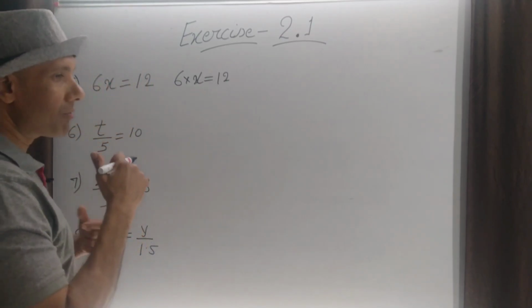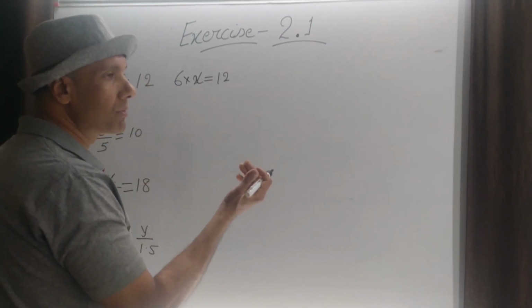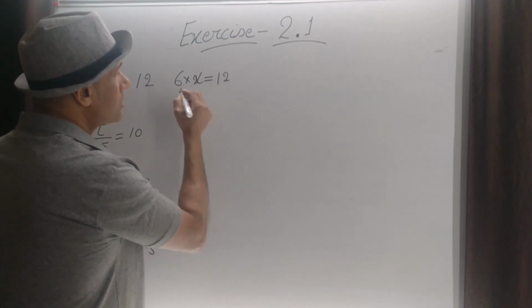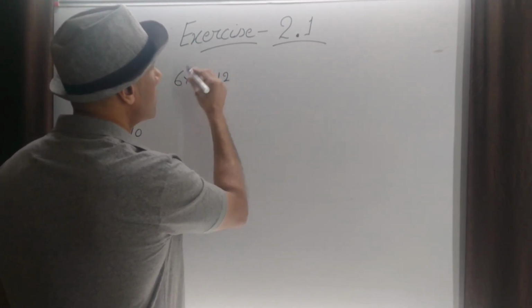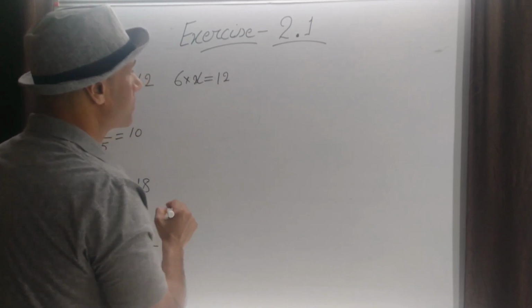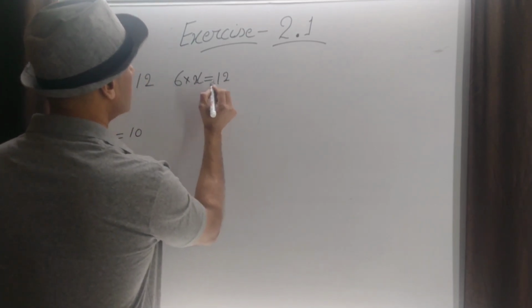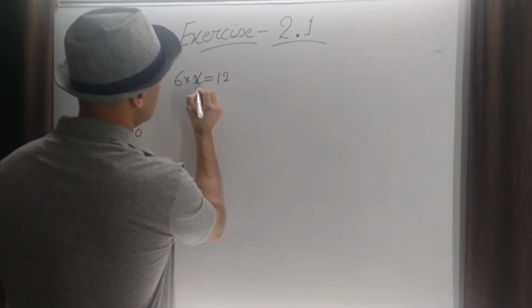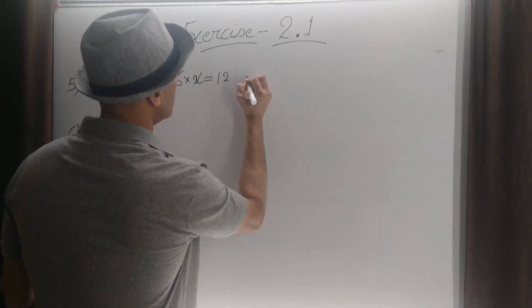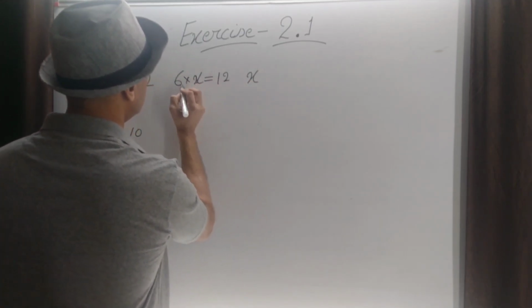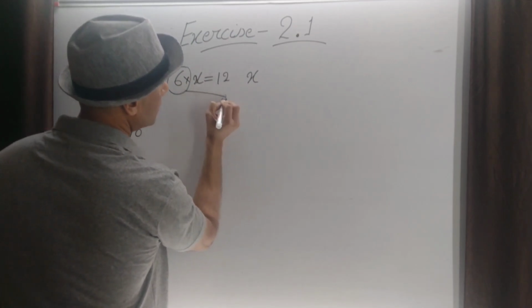When practicing this becomes very simple, and while migrating on to the other side, you automatically put its position. Okay, so 6 into x is equal to 12. So 6 is multiplied with x, so we can write this equation as x equal to, this 6 will get divided here.